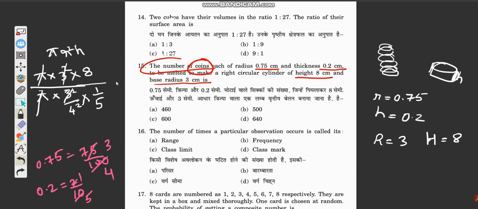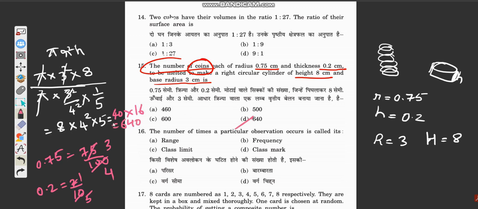So numerator 8 into 4 square into 5. 8 5s are 40. 40 into 16. 16 4s are 64 and 0.